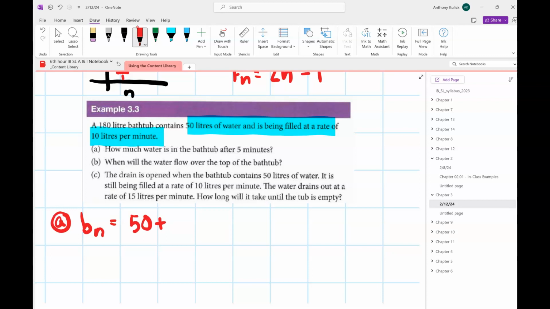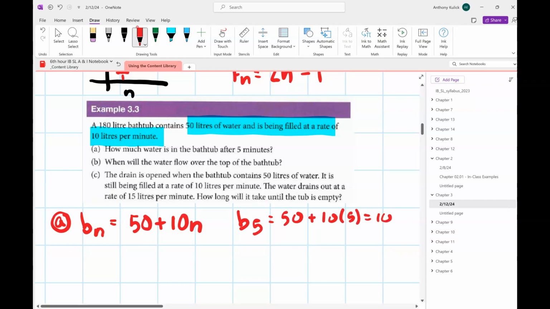Rate of 10 liters per minute. When you hear rate, you should think slope. Does that look good to you guys? So after 5 minutes, we should have 100 liters, right?